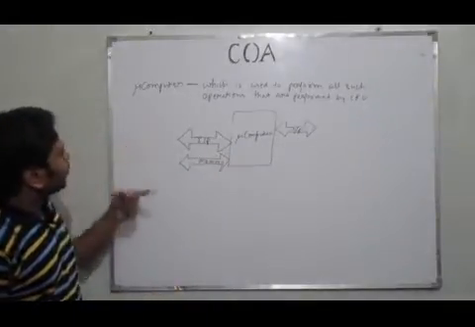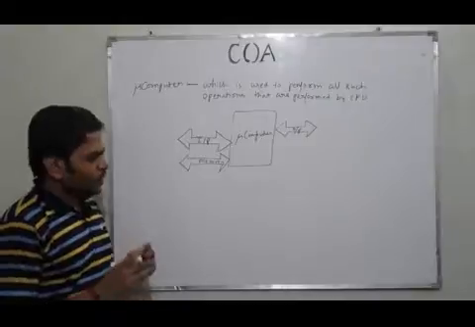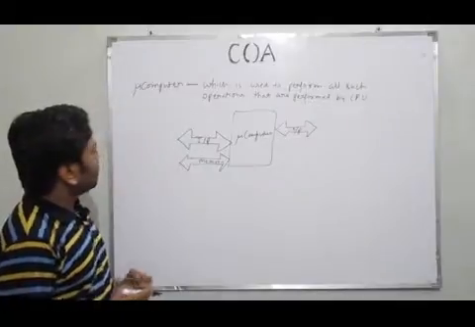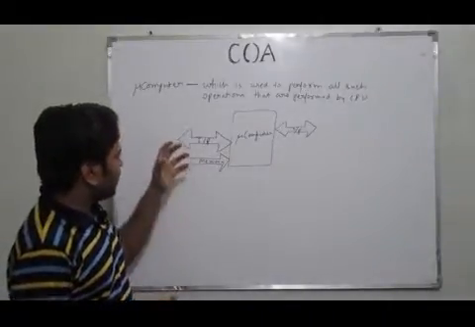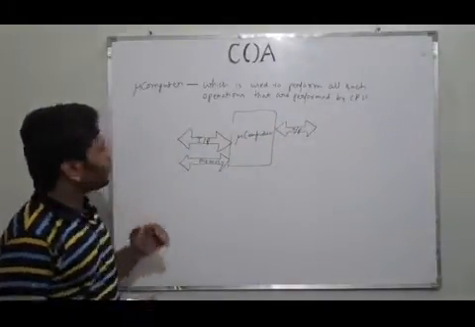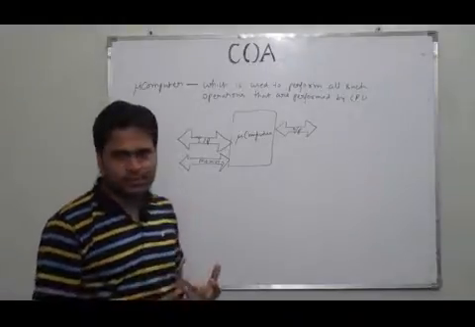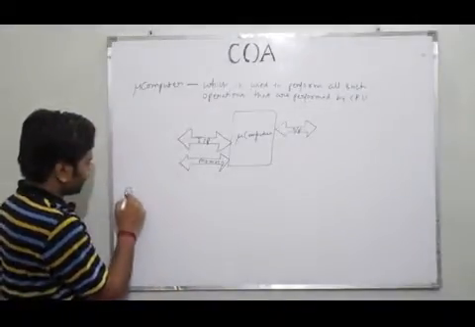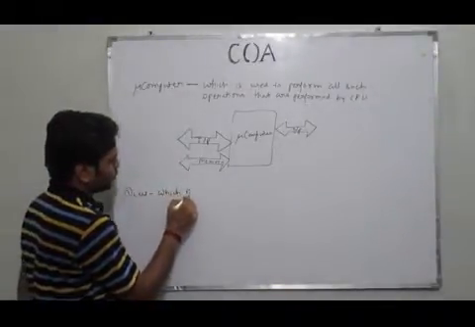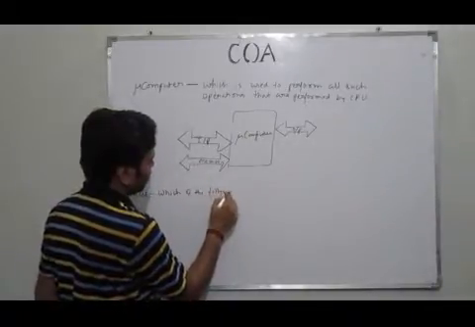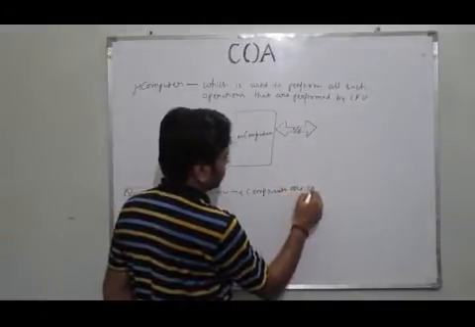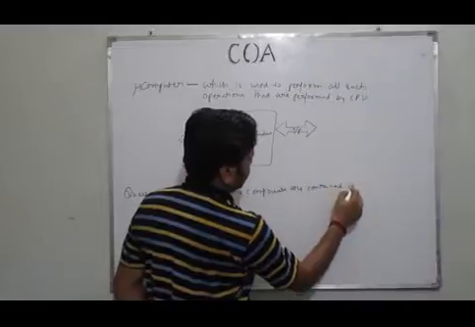So when we compare a microcomputer with a microprocessor, the difference that we observe is that a microcomputer has input, output and memory associated with it. But a microprocessor doesn't have all these things. So sometimes the question is asked: which of the following components are contained in a microprocessor?